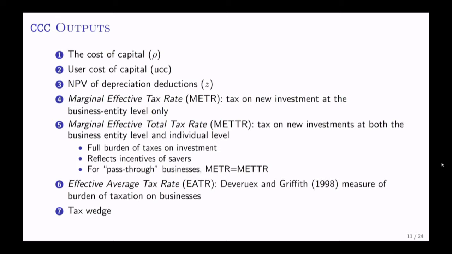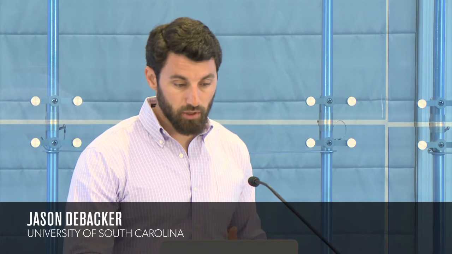So this is following the Devereux and Griffith methodology to compute a forward-looking measure of effective average tax rates. And then it also computes, and this is, again, a function of some of these other variables, the tax wedge. So this is basically the difference between the pre-tax and after-tax rates of return on an investment. So there's a number of different outputs that the cost of capital calculator can generate.